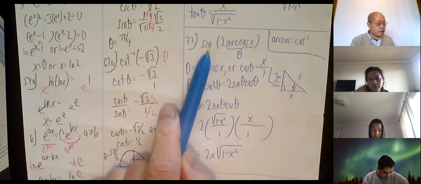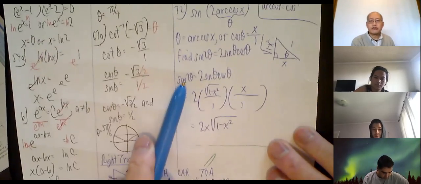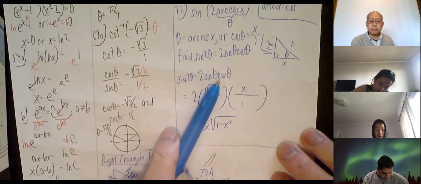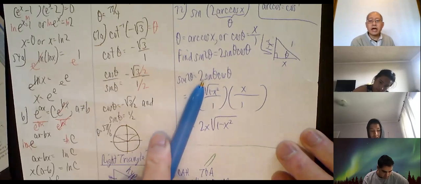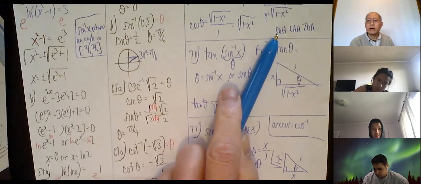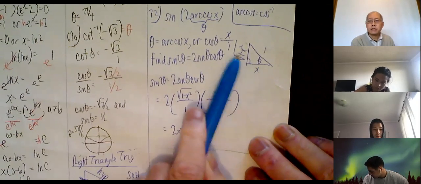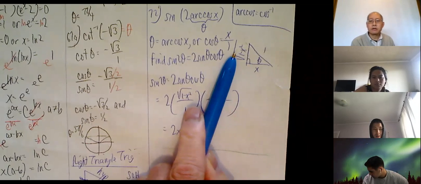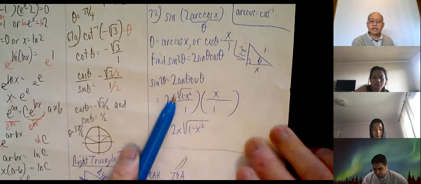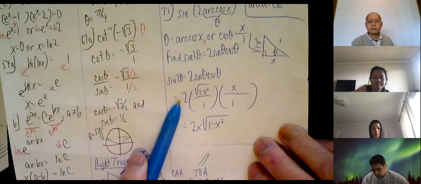Okay, so ultimately I want sine of 2 theta. And from trig, sine of 2 theta is 2 sine theta cos theta. Okay, so 2 sine of theta. Sine is opposite over hypotenuse. So opposite radical 1 minus x squared divided by the hypotenuse of 1. So square root of 1 minus x squared.